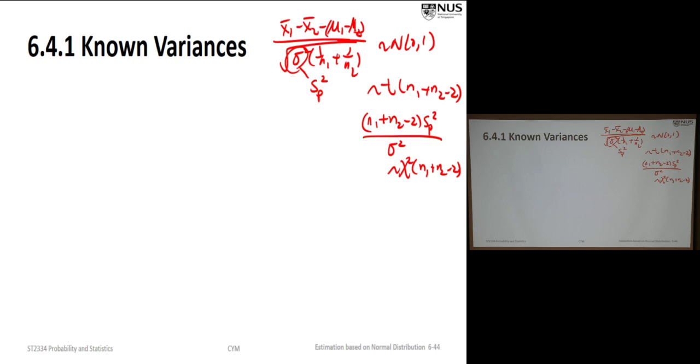Which one should I use? Take out a coin, toss it. Tail, I take S1 square. Head, I take the second sample. But why do I have to choose one out of two? Can I use both? How?